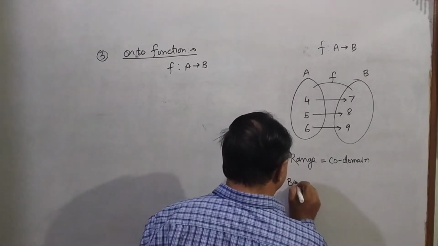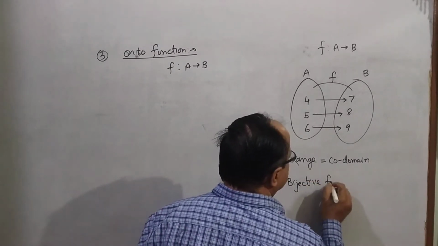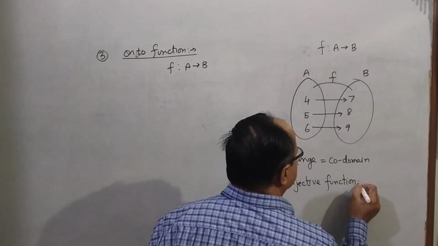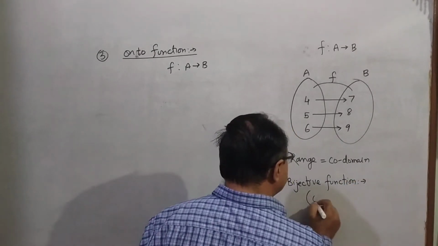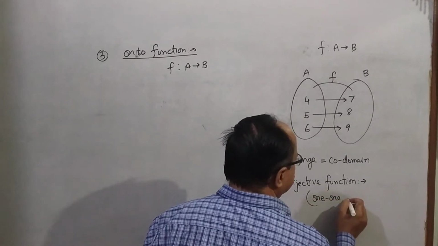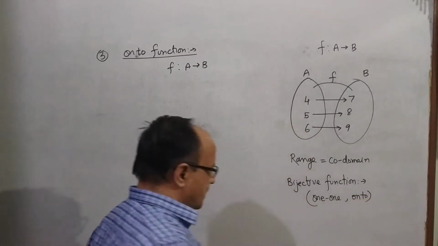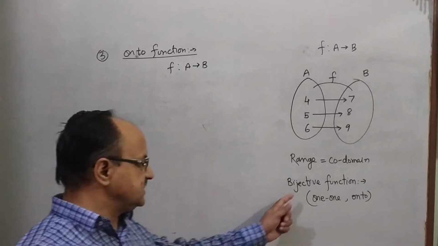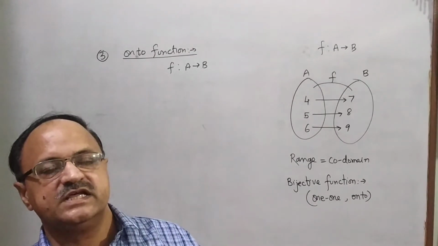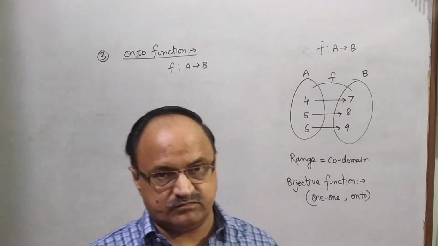Bijective function means the function which is one-one as well as onto, both. Suppose the function is not one-one, then there is no need to prove it is onto, because it is not bijective. So if both conditions are satisfied, one-one as well as onto, then you can say it is a bijective function.